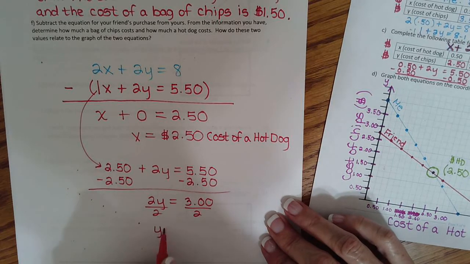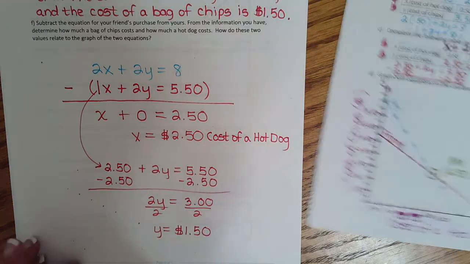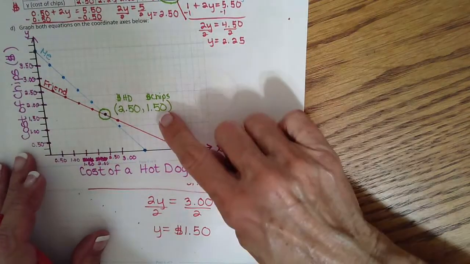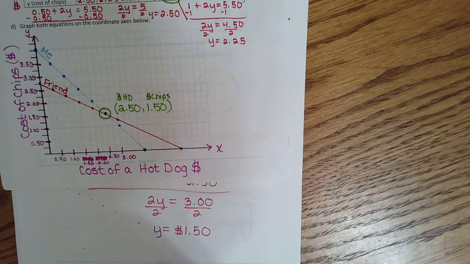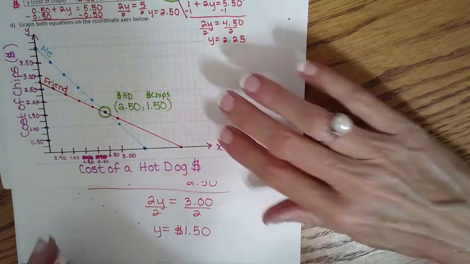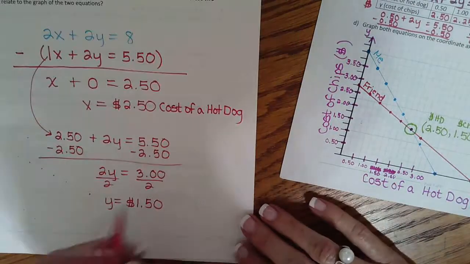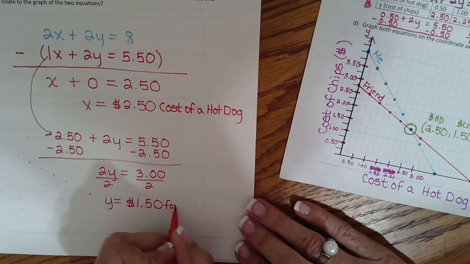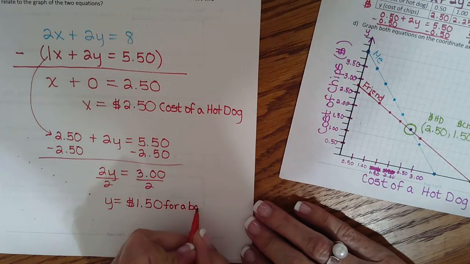So y is $1.50. Exactly what we got here. $1.50 for what? Chips. For a bag of chips.